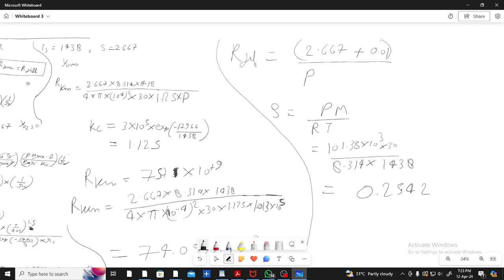Yes, sir. The unit is kg per meter cube, right? Yes, sir. Sir, wait.